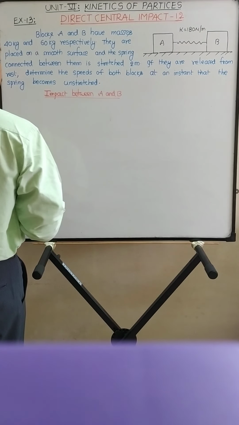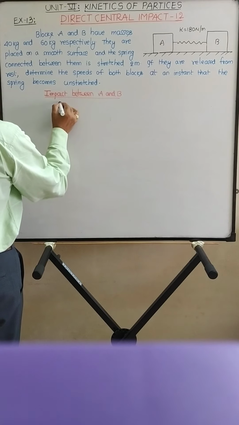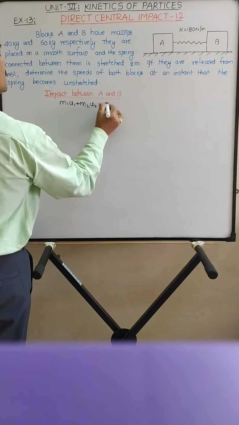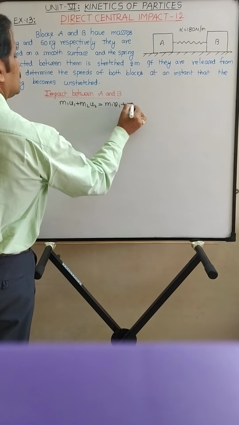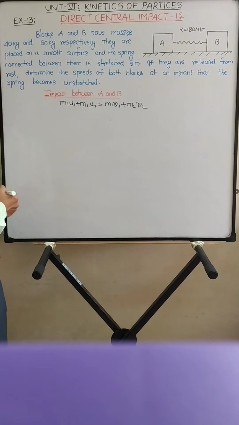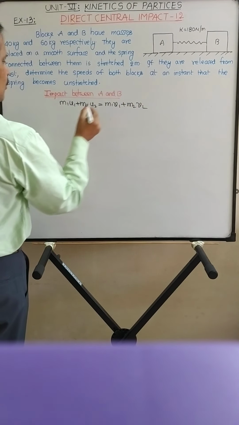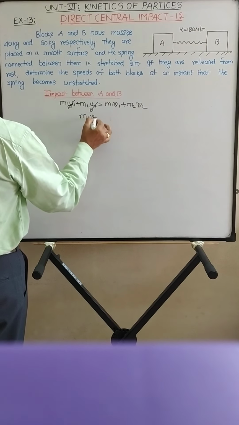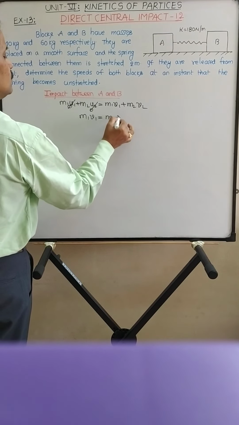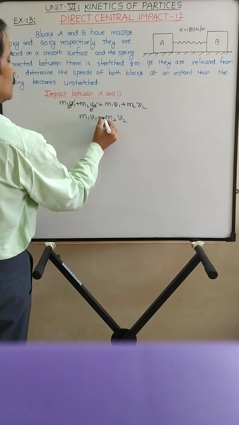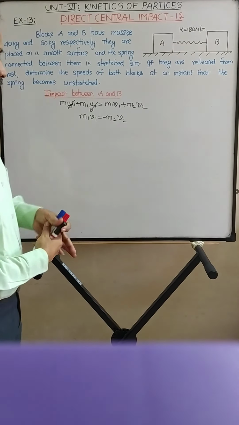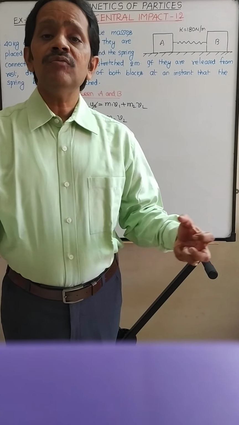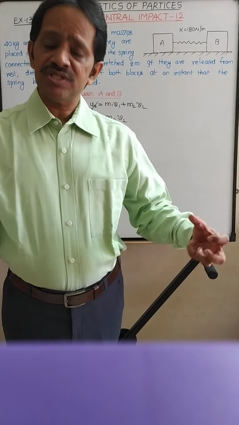So now, using law of conservation of momentum, that is m1u1 plus m2u2 is equal to m1v1 plus m2v2. Being the velocities of both the bodies before impact are 0, you have m1v1 is equal to m2v2. Of course, it is minus. Minus indicates that after impact, both the bodies will move in opposite direction.